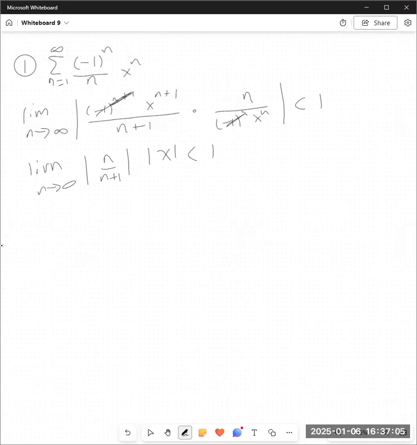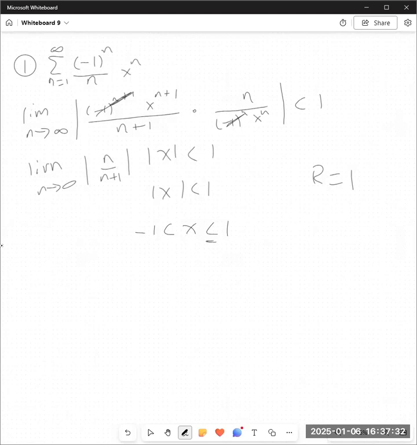And the limit as n goes to infinity of n over n plus 1 is 1. So absolute value of x is less than 1. My radius of convergence there is 1, and x has to be between -1 and 1. Testing the endpoints: if x is 1, then this is (-1)^n over n, which is conditionally convergent.